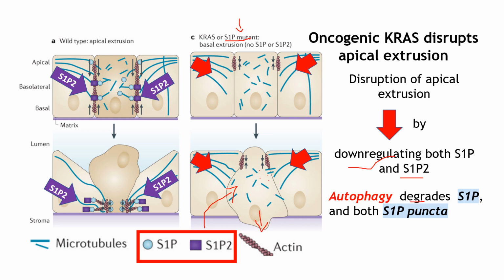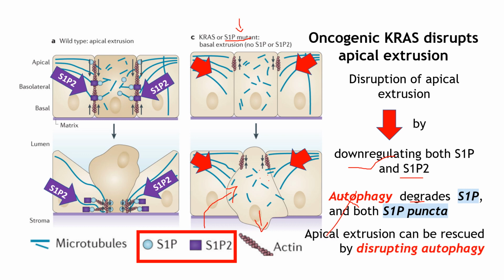So how do you know if autophagy is responsible for destroying this? You just go and make an experiment to remove autophagy, and when you remove autophagy, you find that the apical extrusion can be rescued.